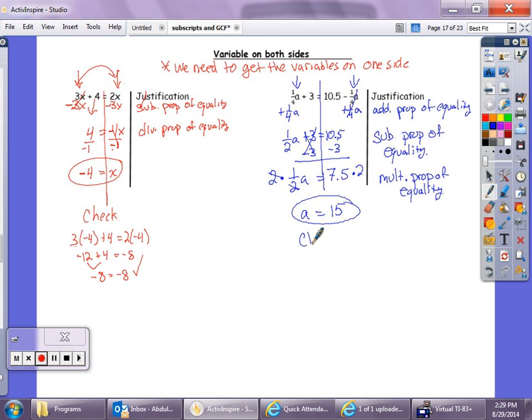And we can check this also. So we have 1/4 times 15 plus 3 equals 10.5 minus 1/4 times 15.